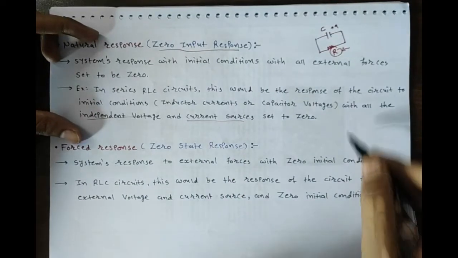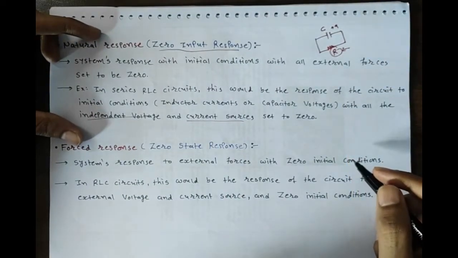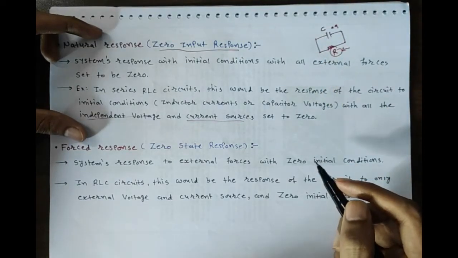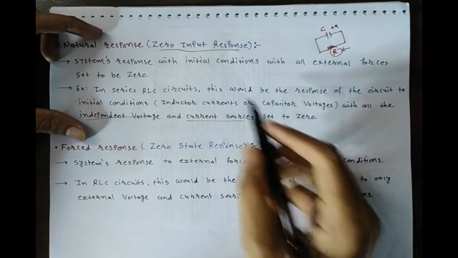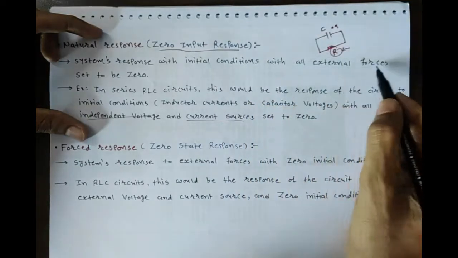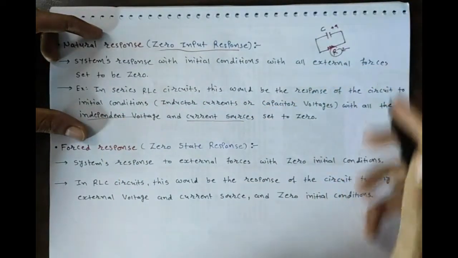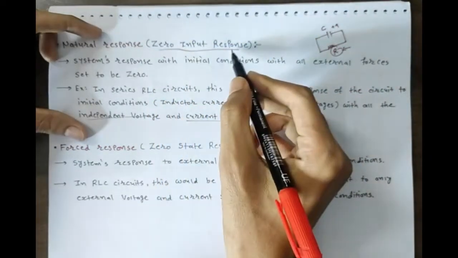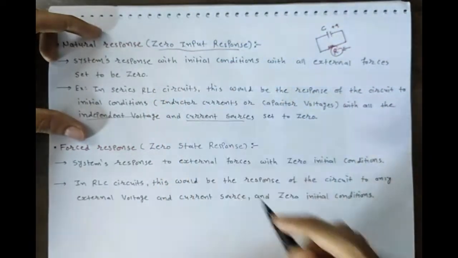In that case also this resistance is going to dissipate some energy, because your capacitance has some initial values. Okay, so that system responds with some initial condition with all external forces set to be 0. There are no external sources. That is why it is known as a zero input response, because we are not supplying any input.